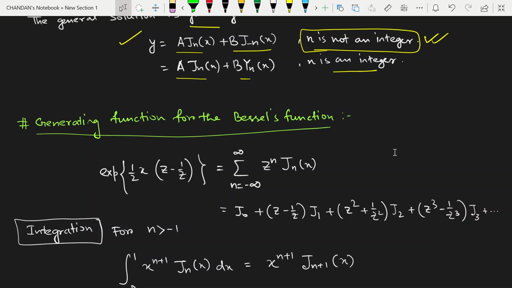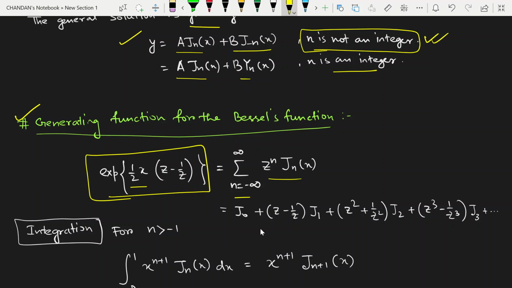The next important thing is the generating function for the Bessel function. The generating function is defined by exponential of half x into z minus 1 by z. This is known as the generating function, and if we write it in the form of a series, then we can write the sum from n equal to minus infinity to infinity of z to the power n J n x.